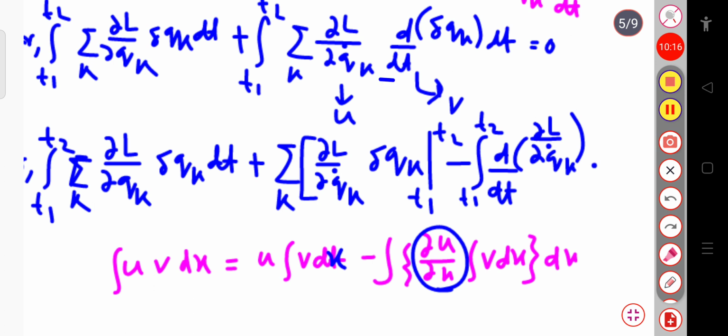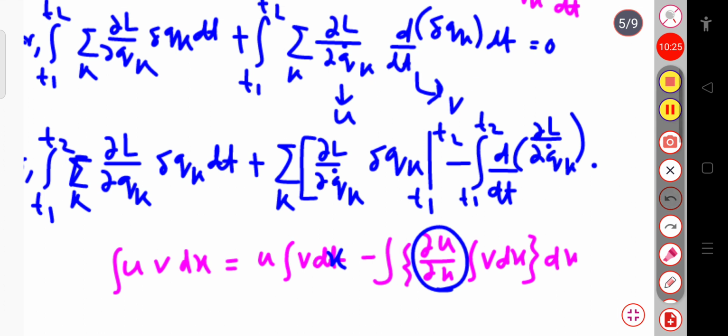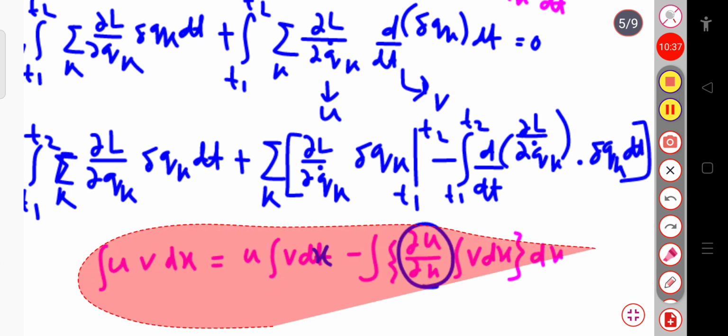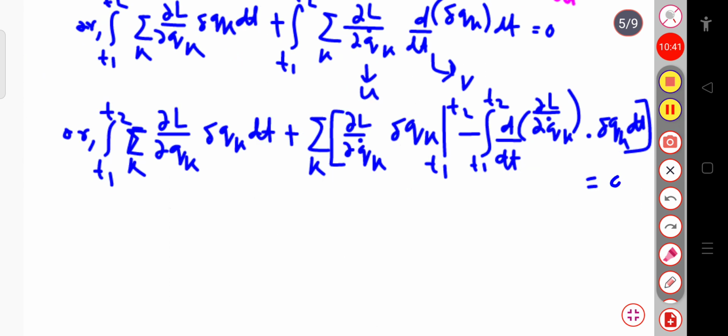Again when you integrate this term, dt gets cancelled, and the integration of d of delta qk gives delta qk simply. So this is into delta qk, and the dt term is present here, bracket close. So simply here we have substituted the integration by parts rule, and this is equal to 0.